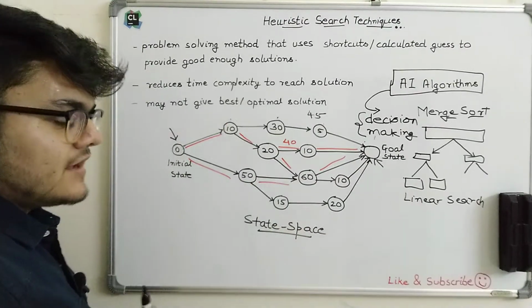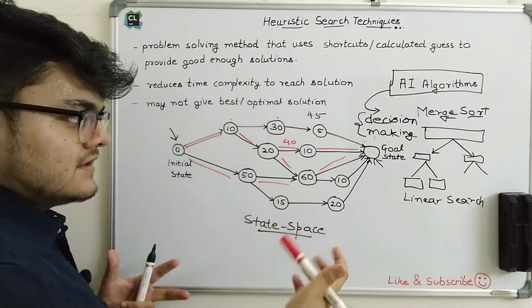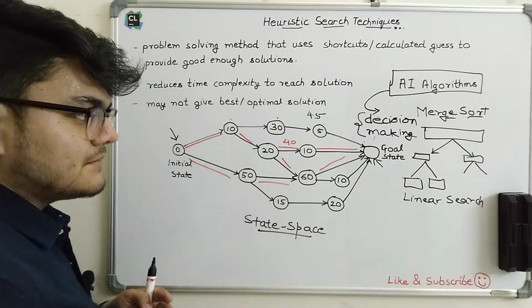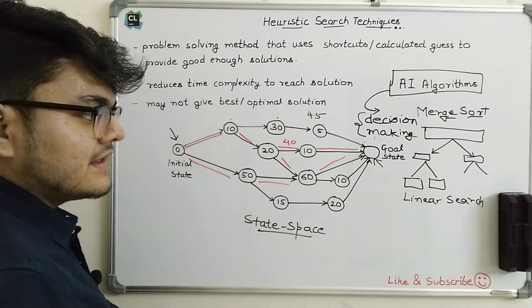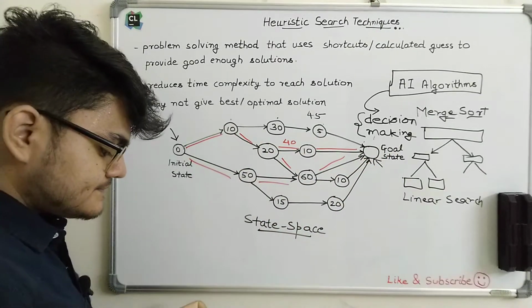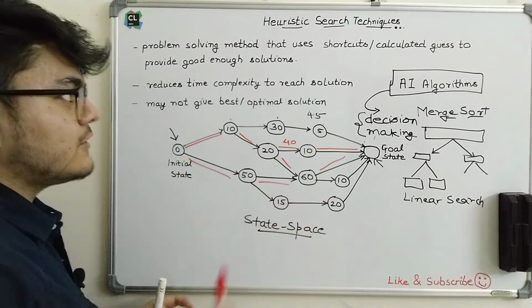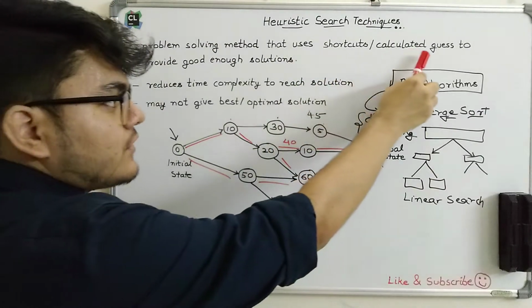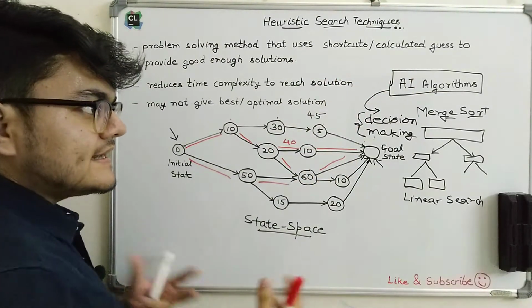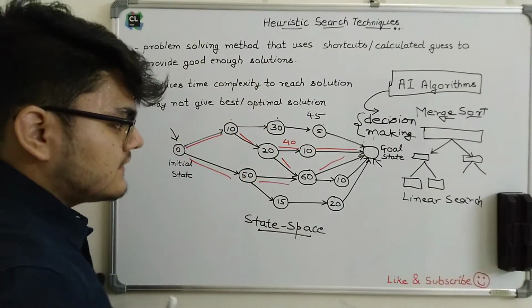And after calculating them, I will find out which one is the least. So the least time taken will be the optimal solution of this problem, right? So why we are introducing heuristic is because it is a problem solving method that uses shortcuts or some calculated guess to provide good enough solutions, right?